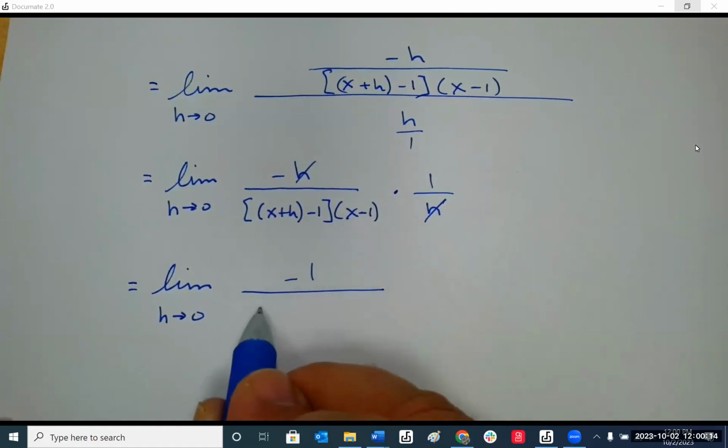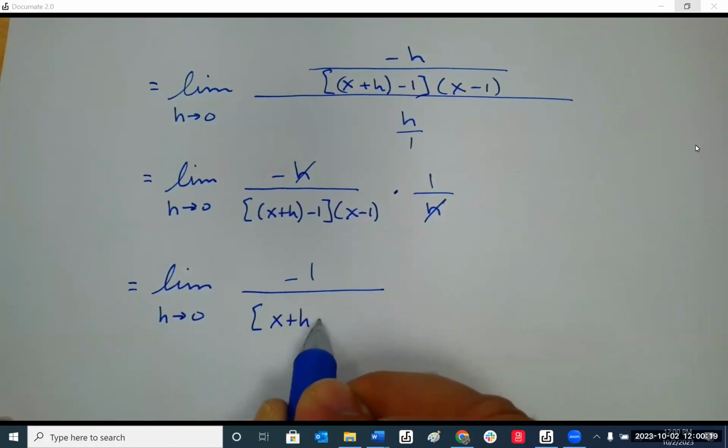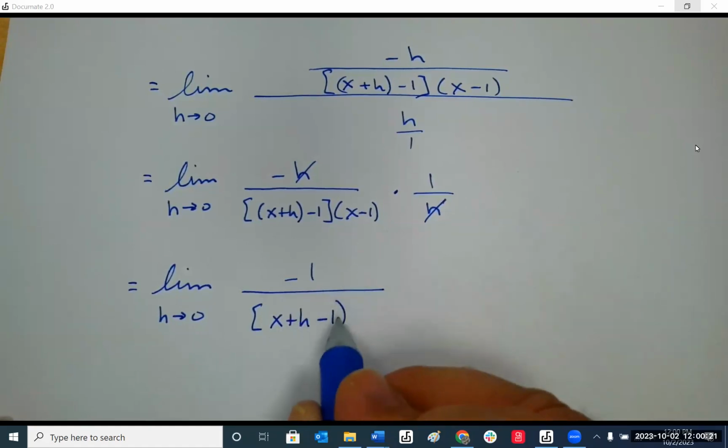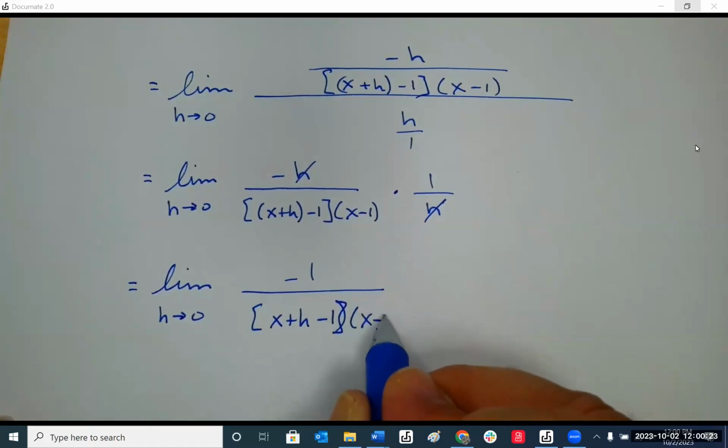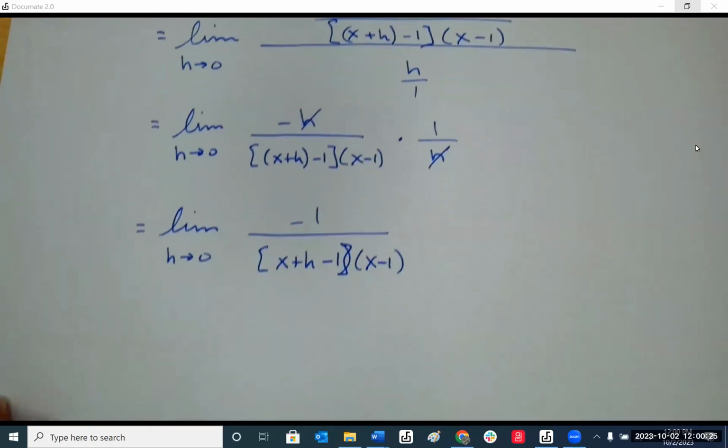We have negative 1 over x plus h minus 1 times x minus 1.